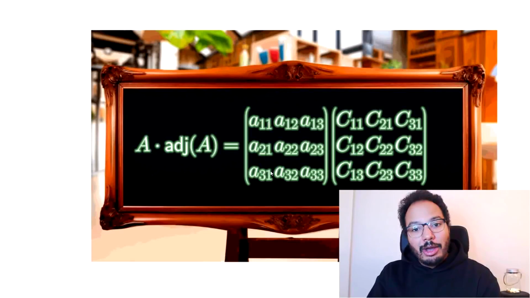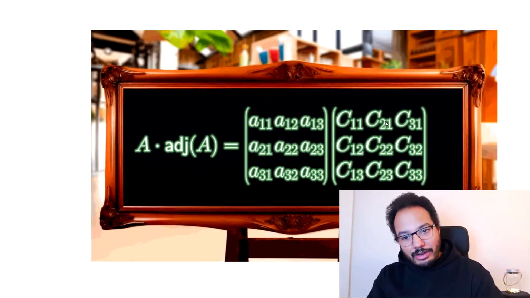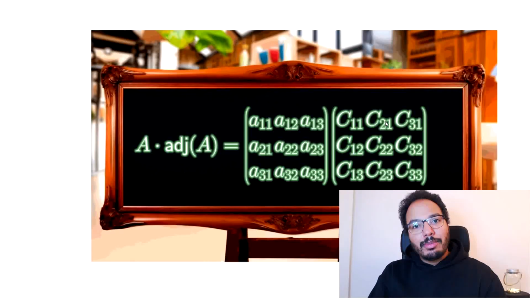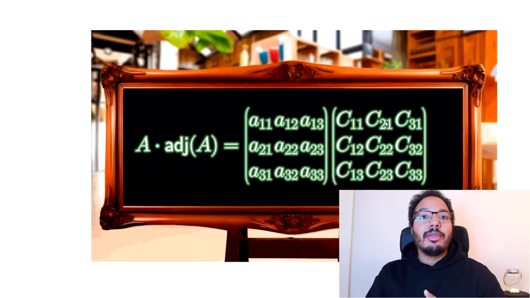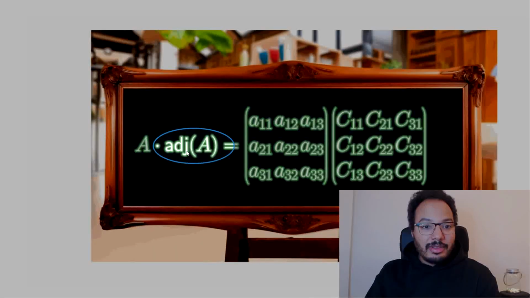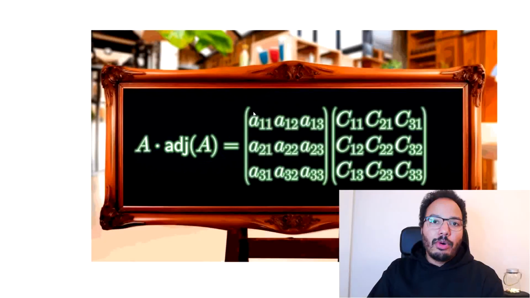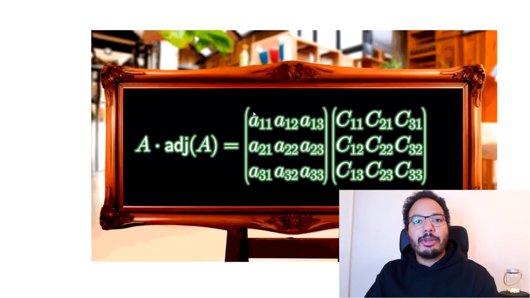So we have A over here and C over here, and we do a calculation. But in order to multiply them in the correct way, we need to first transpose the cofactor matrix. And the transpose of the cofactor matrix is also called the Adjugate Matrix. So this is abbreviated as ADG over here. And after we did this, the components align perfectly for matrix multiplication.